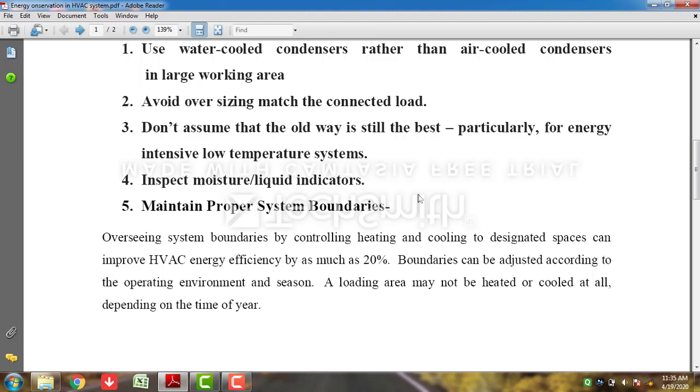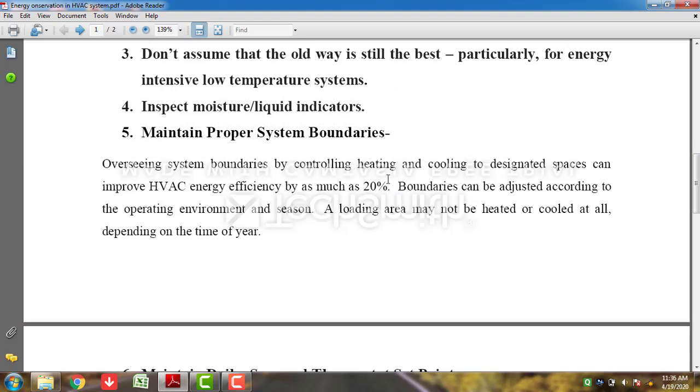Next, the fourth point is to inspect moisture liquid indicators. Moisture matters whenever a system is there, because moisture increases the density of the air, fine. And if we are circulating moist air, the system will not work properly.